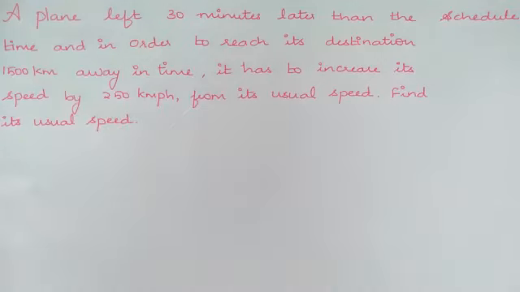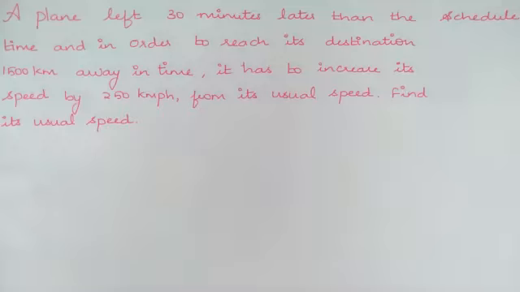But if there is going to be a delay, the difference in time is mentioned here, that is 30 minutes. So with this difference in time, let's identify the time taken by the airplane to reach the destination with usual speed and the time taken with high speed. The difference between these two timings is nothing but 30 minutes. This is what we understand from the question.